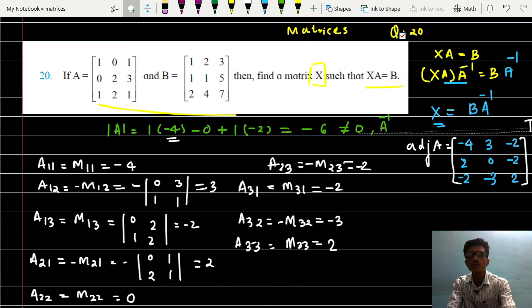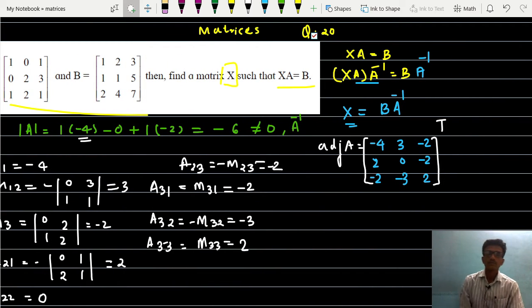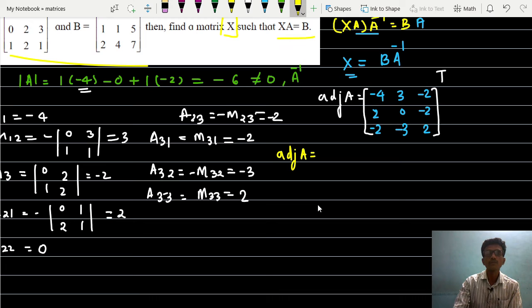Transpose of this matrix is obtained by interchanging all rows and columns. So we get adjoint of A equal to: minus 4, 3, minus 2; 2, 0, minus 2; minus 2, minus 3, 2.